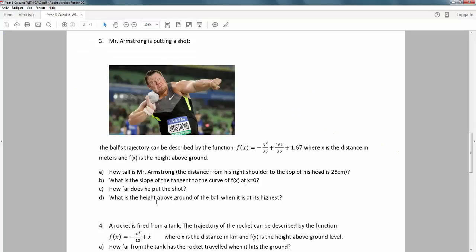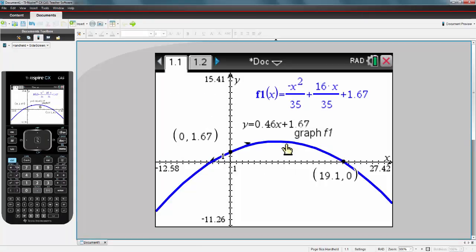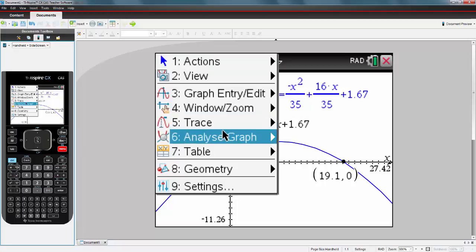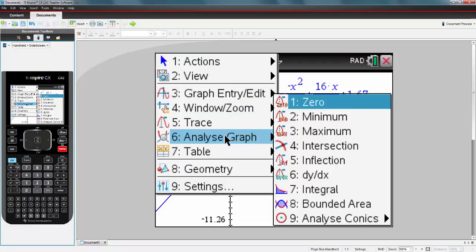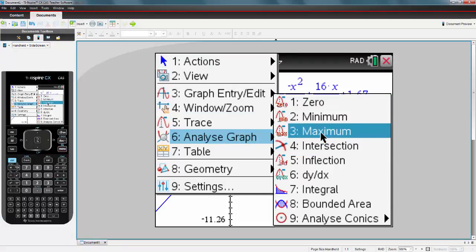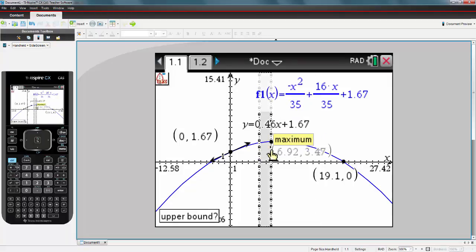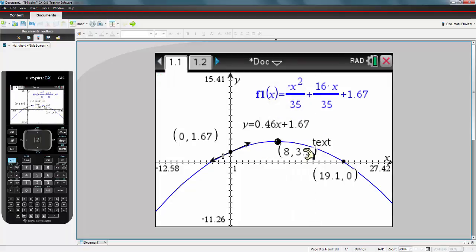And then on D, what is the height above the ground of the ball when it is at its highest? If we look again at the curve, that's going to be the highest point. How high above the ground is the ball? Well, in calculus, that's called the maximum. We're going to get the maximum, go a little bit to the left of the maximum, to the right, and now you see it locked in on this particular point.